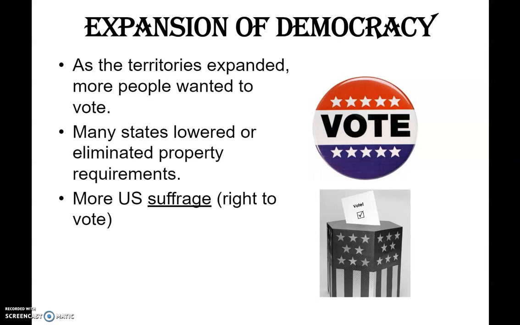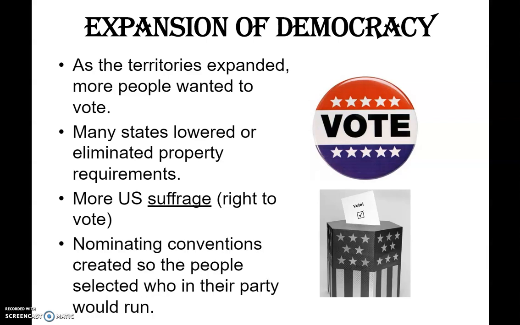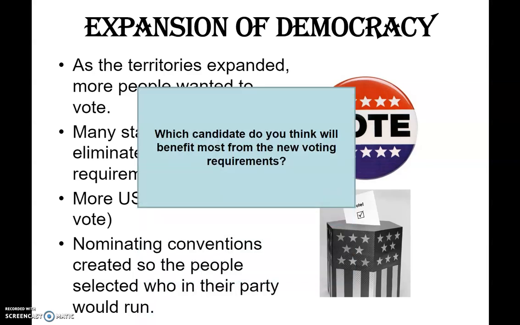All right, so more of the United States has now opened up to suffrage, which means more people can vote, which means that democracy is going to extend. Now, if these new territories in the West and these people who used to not be able to vote but now can vote because we've lowered the requirement, clearly some candidates are going to benefit from that more than others.